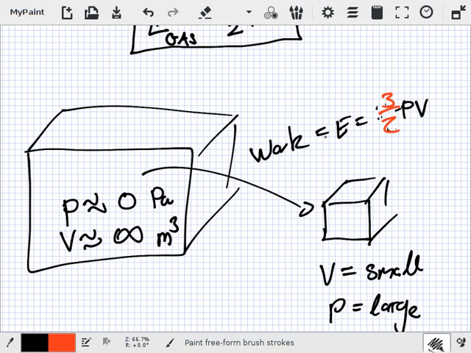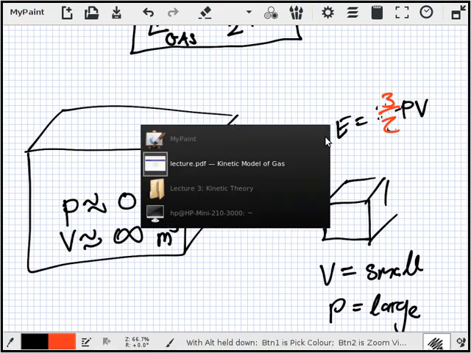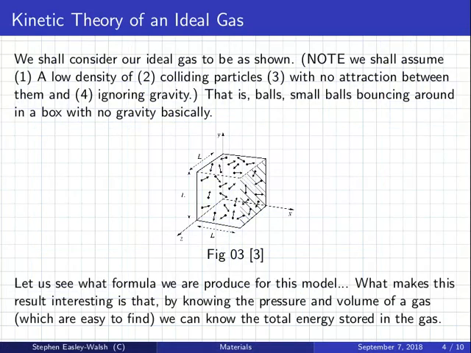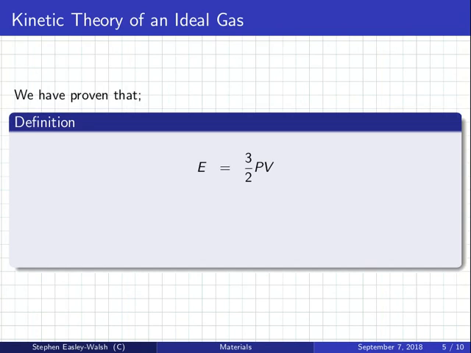Got that? Got that? Yeah? Okay. So 3 over 2 PV, that's what we said.